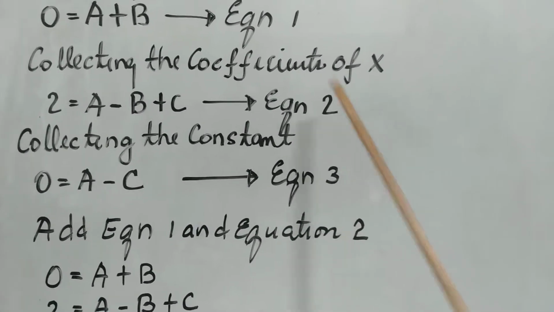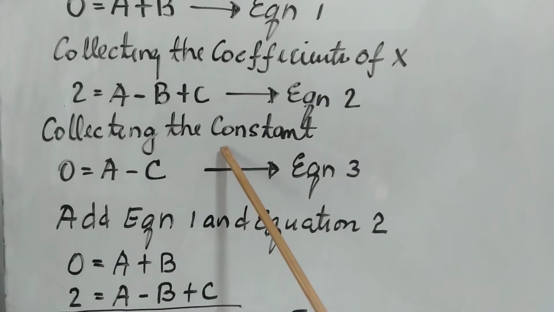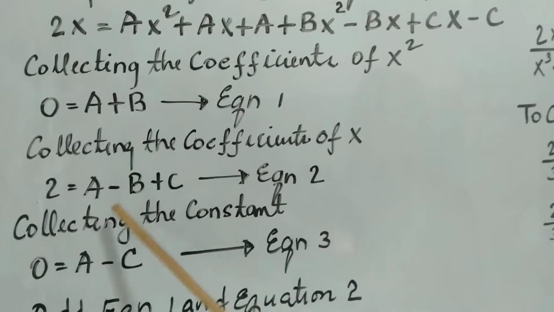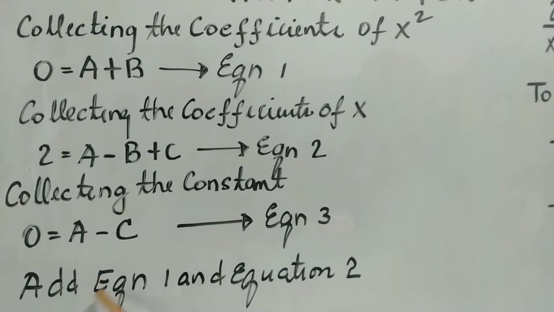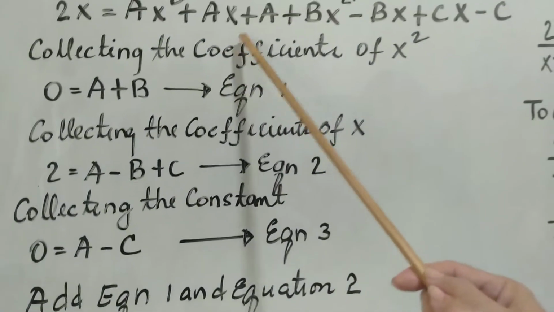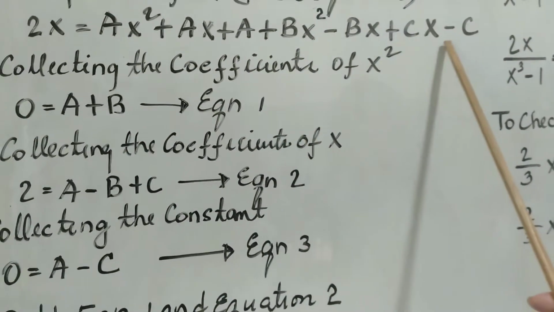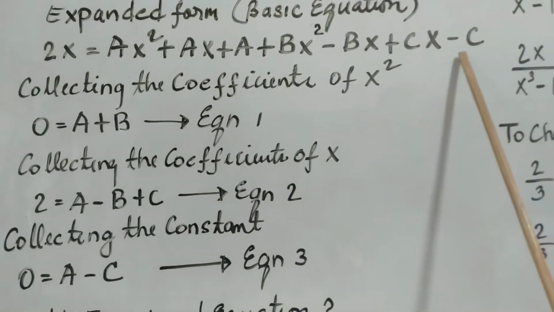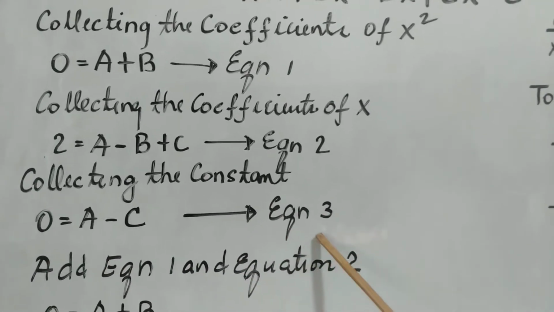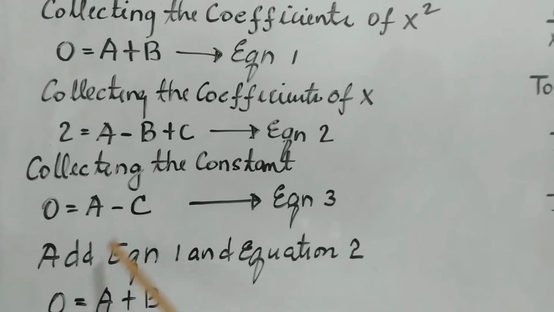So next is to collect the constants. There's no constant here in our basic equation, so that is 0. And the constants here are A and minus C, or negative C. So we now have the third equation, 0 is equal to A minus C.